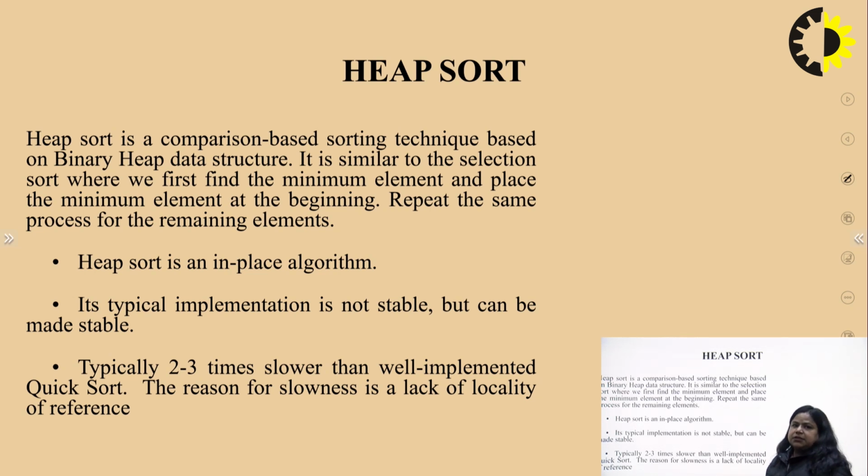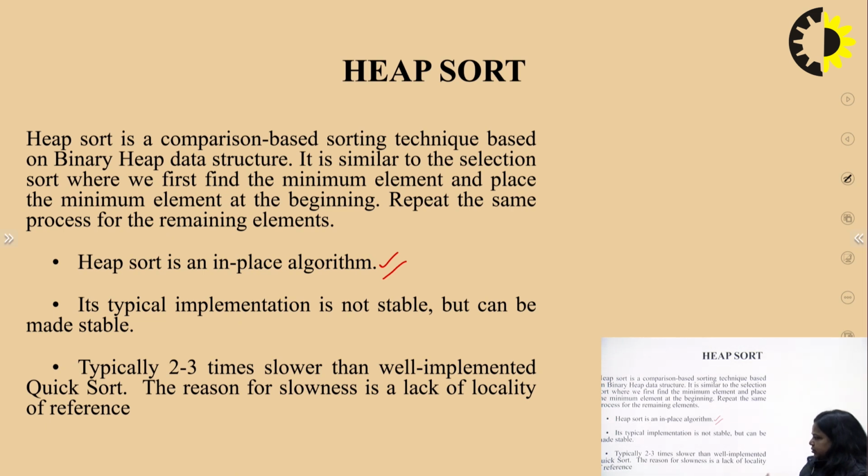Somewhere we can say it is similar to selection sort, where we find the minimum element and place it in the beginning, and this method is repeated until all the elements hold their exact positions. Heap sort is not stable, but it can be made stable. And heap sort is an in-place algorithm.